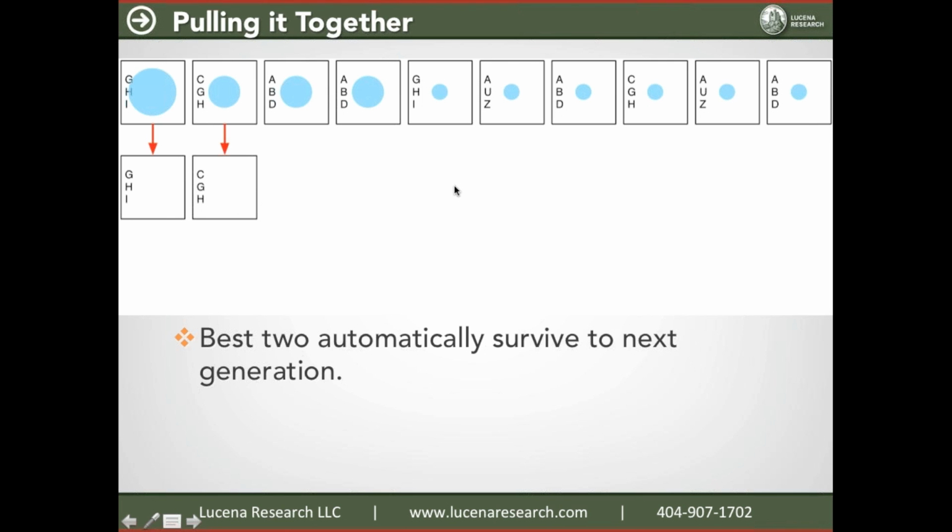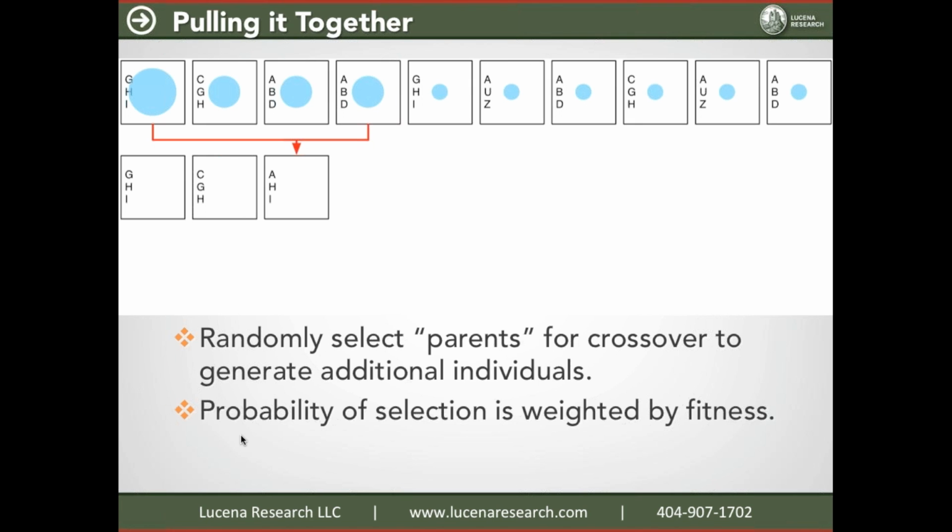Then we fill out the rest of the individuals for a particular generation by randomly selecting parents to be combined. Now the chance that any one particular individual at this generation will be selected is weighted by its fitness. So we're more likely to pick parents over here towards the left than ones over to the right.